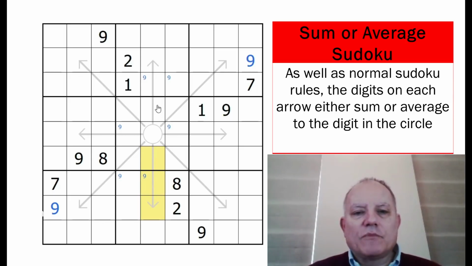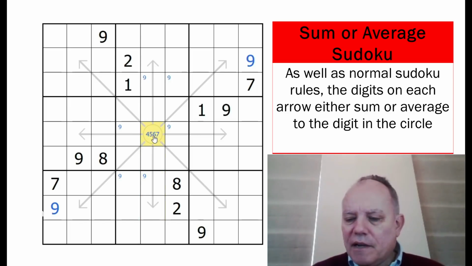Now, if 1 was an average and 1 was a sum, theoretically possible. 24 plus 8 is 32, plus 8 in the middle is 40. Well, maybe this is possible. No, but how would 3 cells average to 8? They could only add up to 24 if they were 9, 8, and 7. That isn't possible. So this can't be 9 or 8.